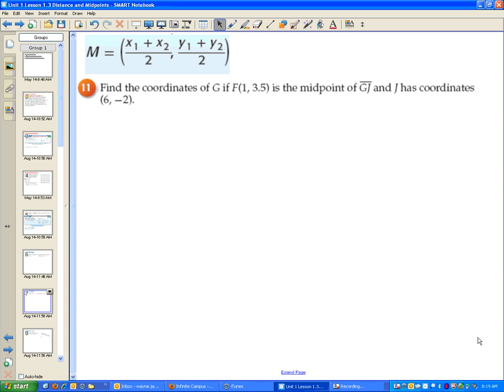Now let's think of it this way. This right here, all of that together represents the x-coordinate of the midpoint, doesn't it?